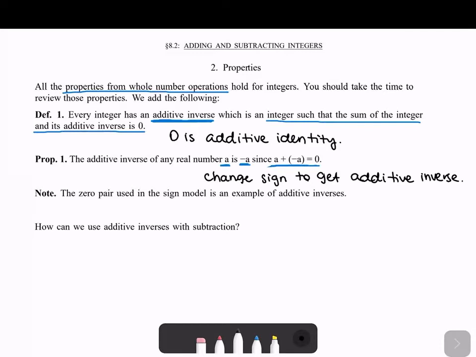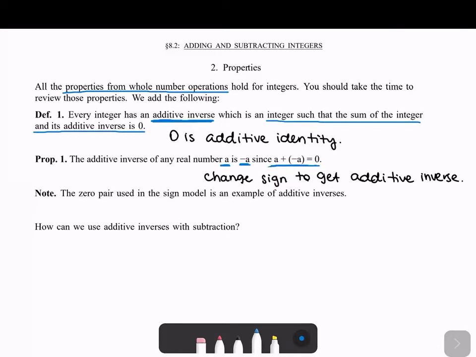So it's 0, 1, 2, 3, 4, 5, and so on. Whereas the integers is the set of all of the whole numbers and their opposites. And the additive inverse is just the opposite of a number. We didn't have these negatives before, so we couldn't talk about these inverses. We needed the negative signs to talk about it, and so that's why we're introducing it now.